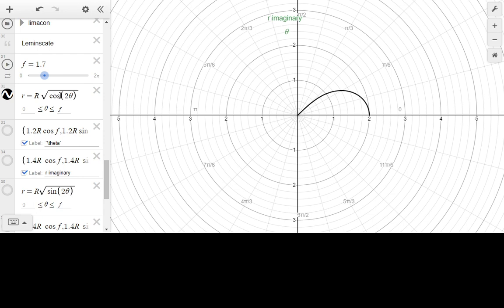So cosine of that is going to become negative. Square root of that is going to become an imaginary number. And as a result, r becomes imaginary, and we could say it does not exist or is not in our plane. This situation is going to continue while we are traveling, all the way through.